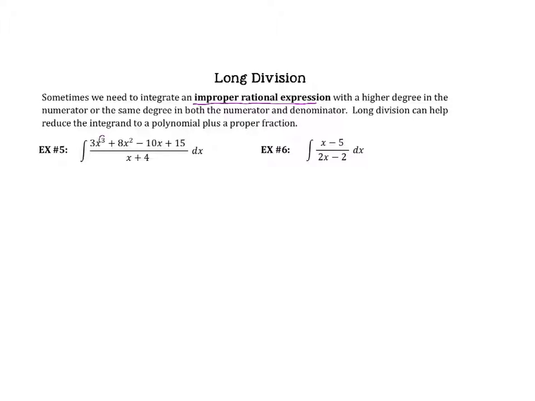In other words, notice that the leading power in the numerator is larger than the leading power in the denominator. So we have an improper fraction. And so what we will need to do is go through our division, and then we should end up with something that we can integrate pretty easily.